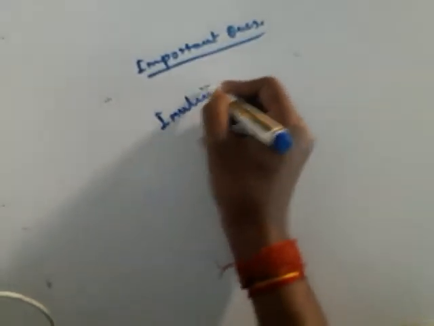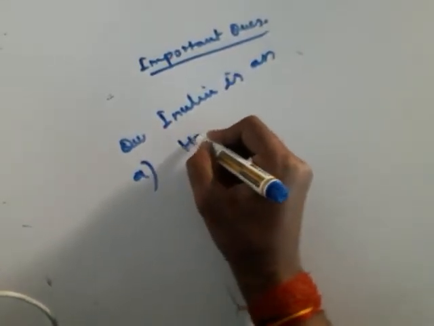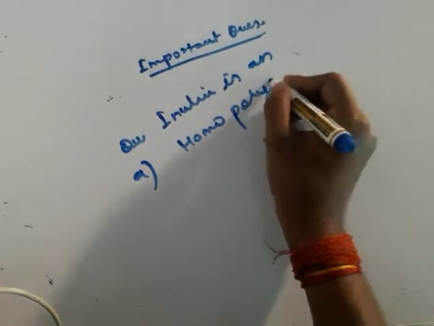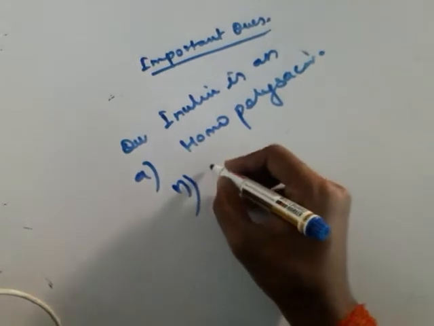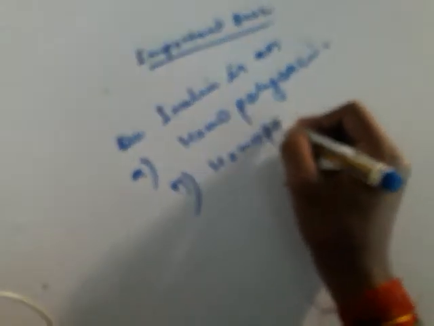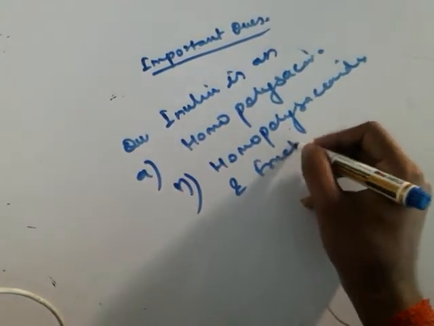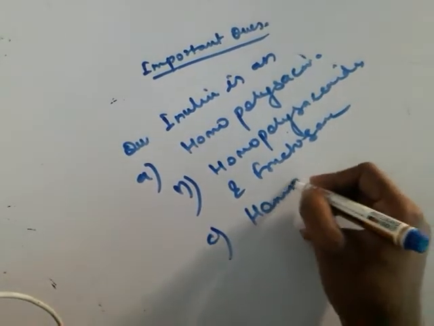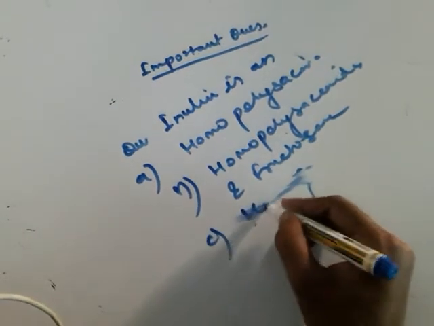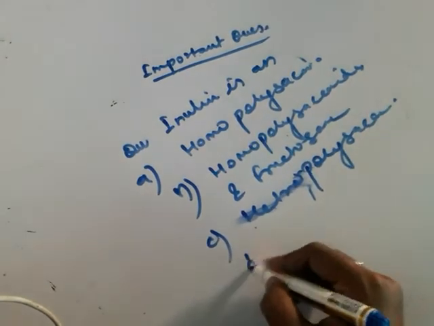One more question can be: inulin is an, okay, first option given is homopolysaccharide; B, homopolysaccharide and fructosan; C, heteropolysaccharide; polysaccharide; D, none.